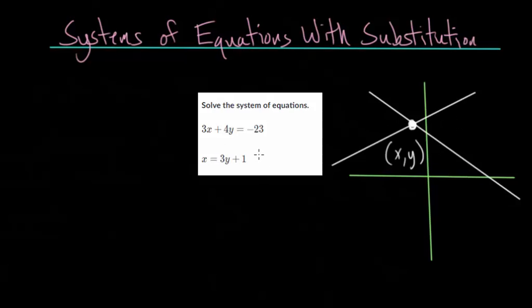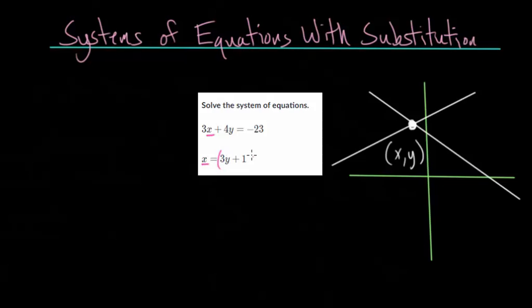So the general strategy we'll have here is that when we have these two equations, we can solve one for one of the letters, either x or y. And then once we have it solved for that, so in this case we solve for x, I go to the upper equation, and anywhere I see an x, I'm going to replace it with what x is equal to.